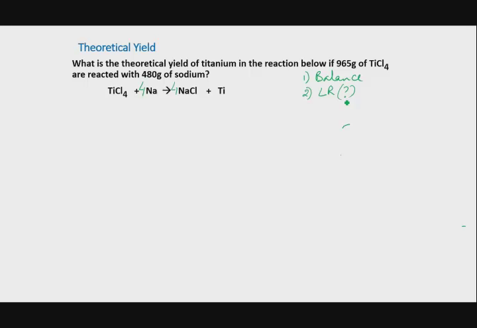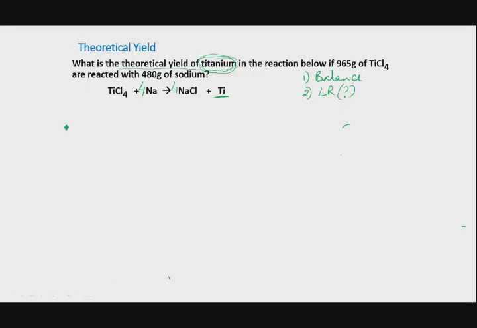In this particular case, since they're asking us for the theoretical yield of titanium, maybe that's the product that we should select to make the whole process more convenient for us. So we're going to select titanium. And then, of course, in order to figure out the limiting reactant, you have to calculate the number of moles of titanium, the selected product, we can get from each of the reactants separately.